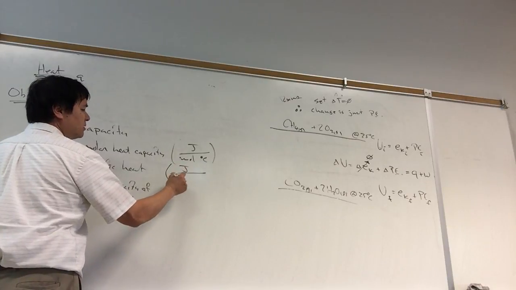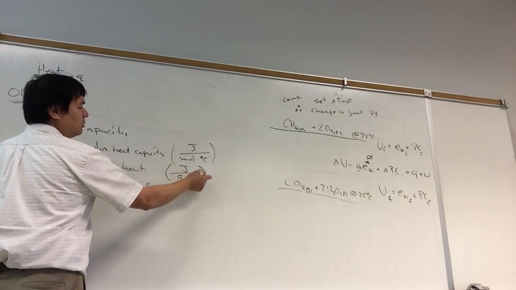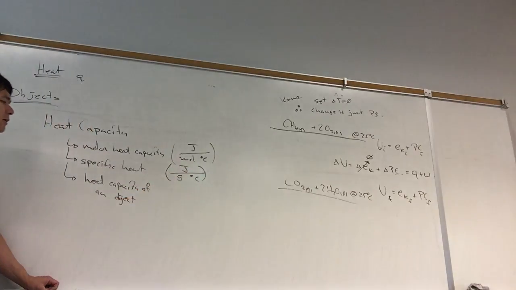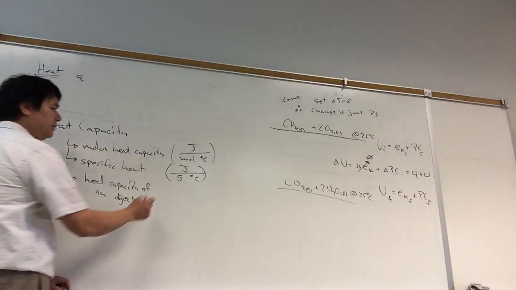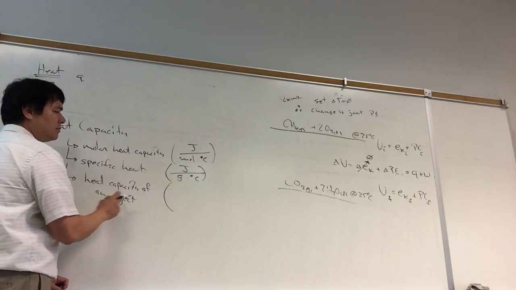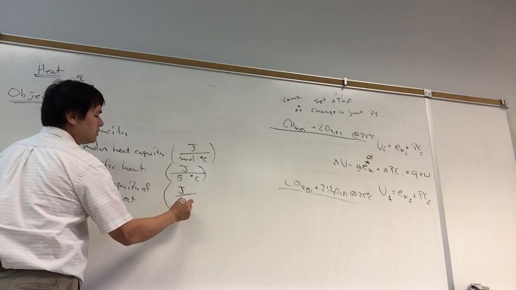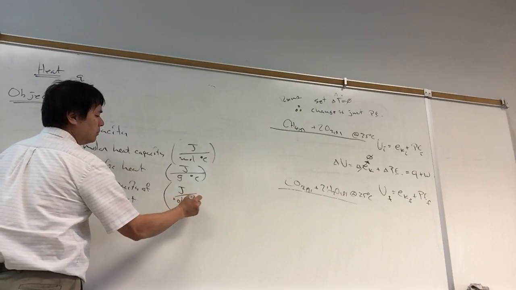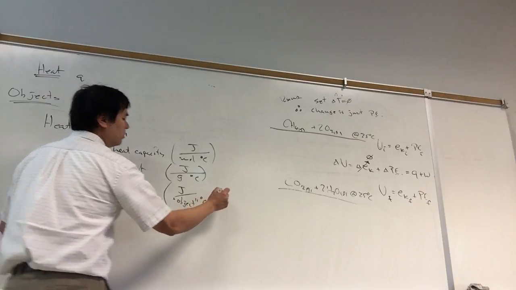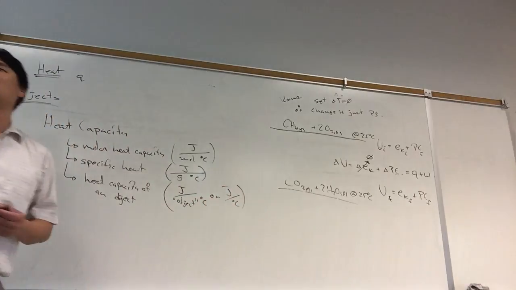Rather than a mole, the specific heat just says, if I had a gram, how many joules of heat would I need to heat it up by one degree C? The heat capacity of an object is how many joules per object per degree C, or just joules per degree C, if we're talking about one object.